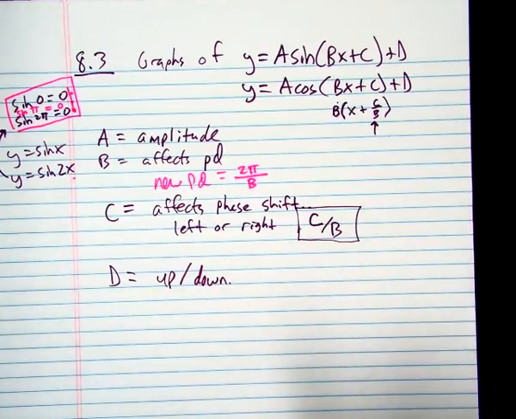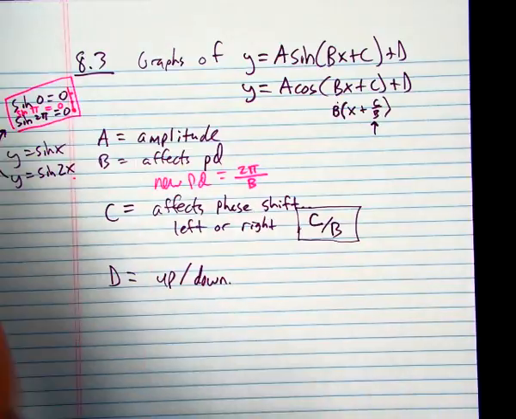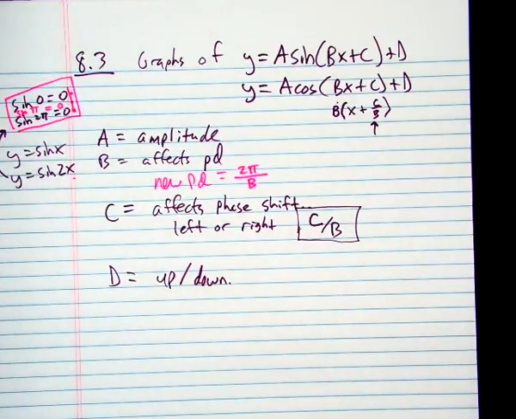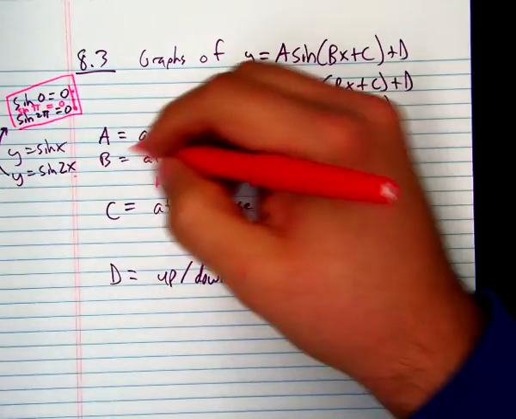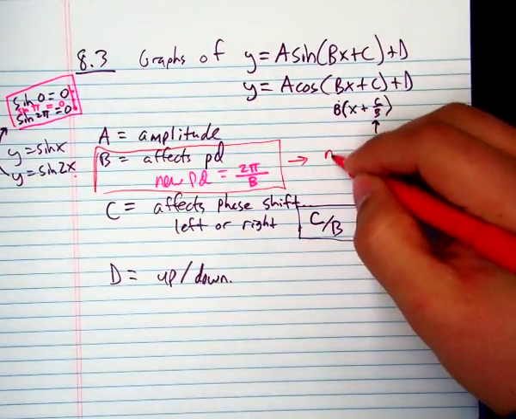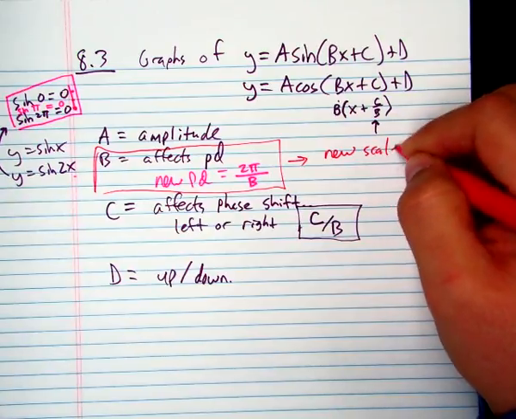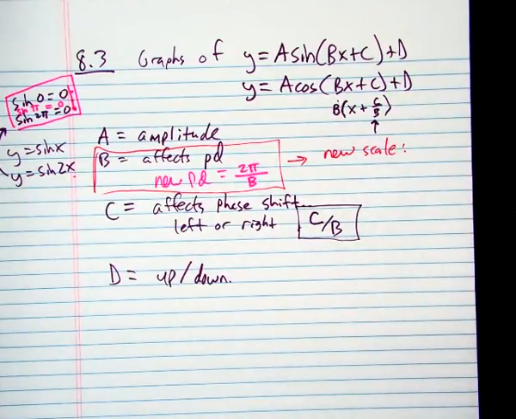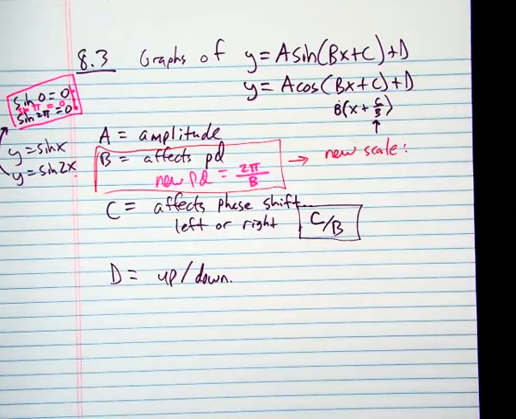Okay? Now, if you want to be successful at all these graphs, the easiest way to do this is to always pay attention to your period and find a new scale. Okay? What was our scale usually? Pi over 2, right?